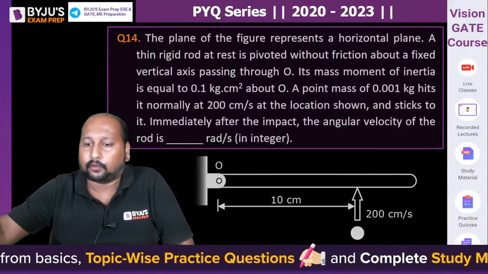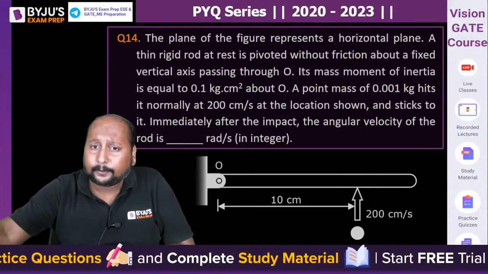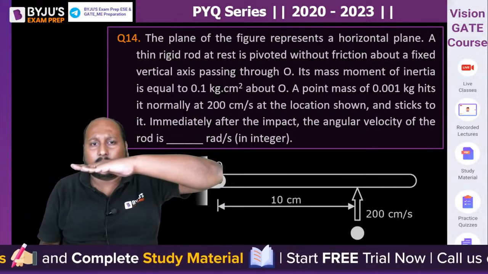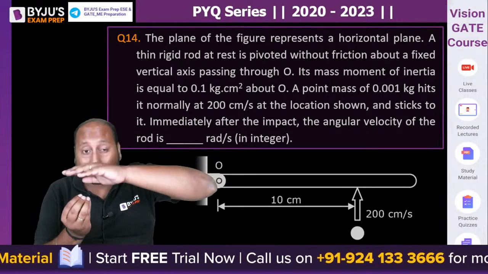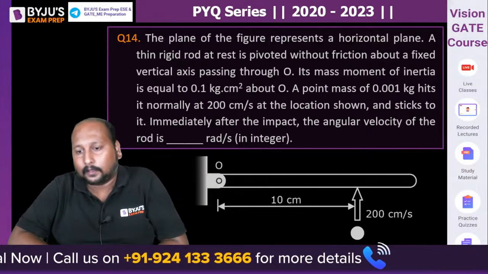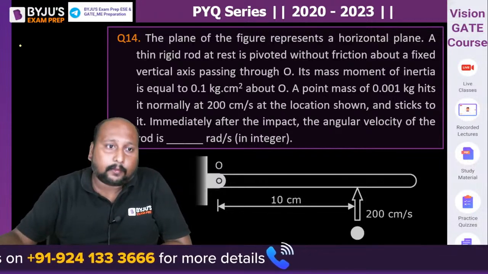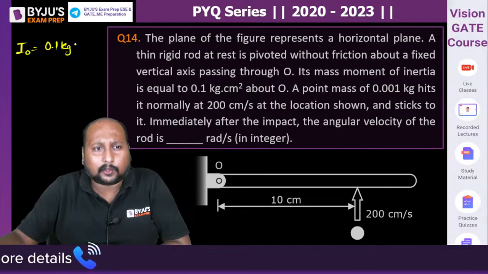Let's see who's going to give me the answer. What is happening here? There's a rod, there is a mass, and it is sticking. When it is sticking, the moment of inertia of the entire system will change. Earlier the moment of inertia about point O, according to the question, was 0.1 kg centimeter square.